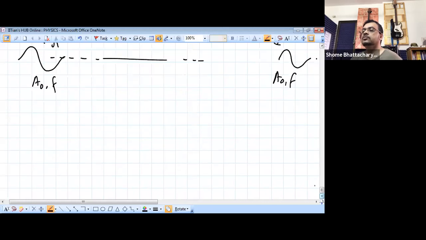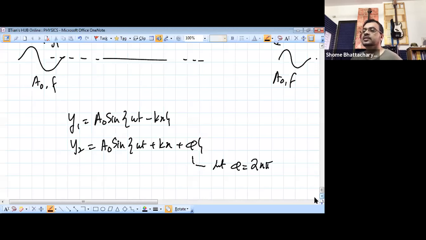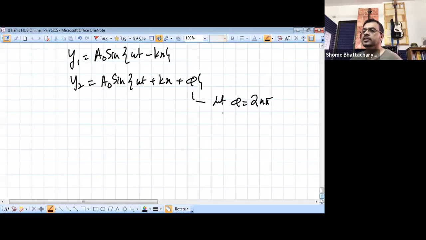And suppose we have written the equations for the waves as A naught sine omega t minus kx for this one, and this is A naught sine omega t plus kx plus some phase term. Now to make this easy, let us take the case where this phi is some 2n pi. Just to make the understanding easy, we are taking the special case where this phase term is actually 2n pi, so it's equivalent to 0.